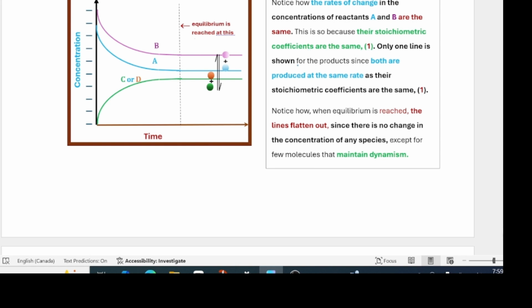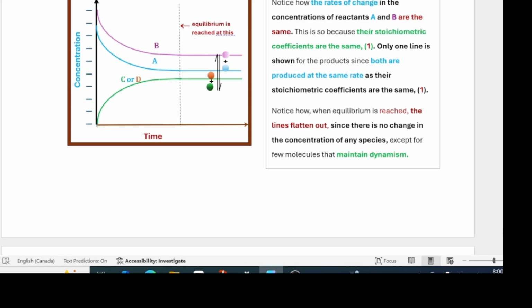Only one line is shown for the products, since they are both produced at the same rate as their stoichiometric coefficients are the same. Notice how when equilibrium is reached, the lines flatten out, since there is no change in concentrations of any species except for a few molecules that maintain dynamism.